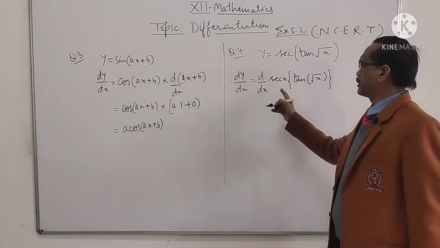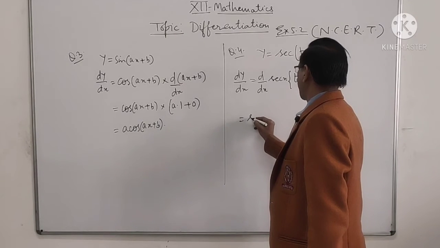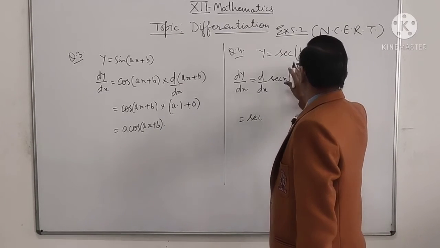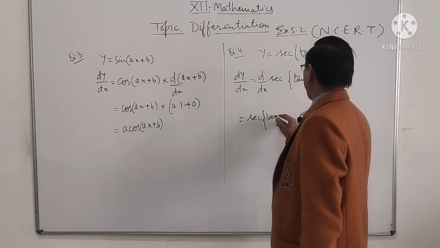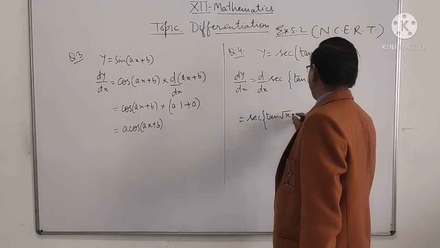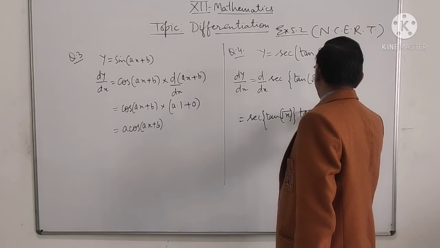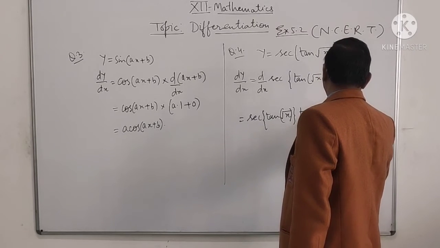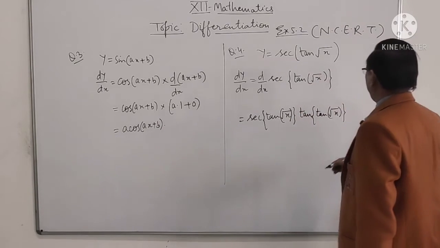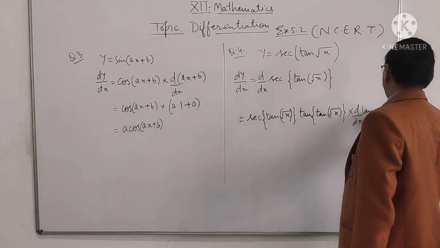Now the derivative of sec x is sec x tan x. So it is sec(tan root x) into tan(tan root x) into d/dx of tan root x.